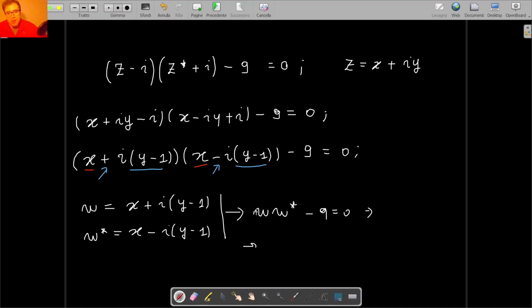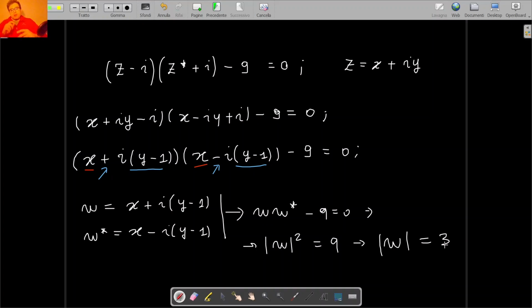This means that w multiplied by its complex conjugate, the modulus of w squared, is equal to 9, and this means that w is all those numbers whose modulus is equal to 3.